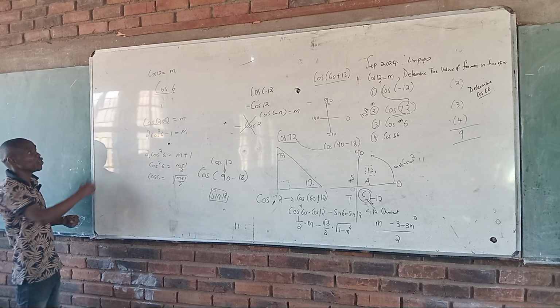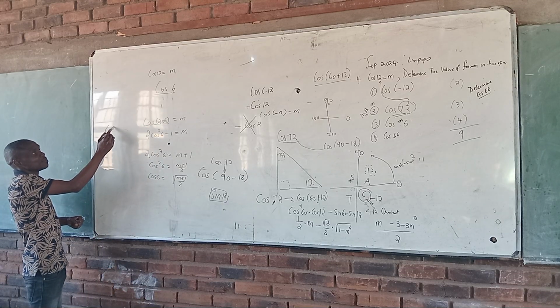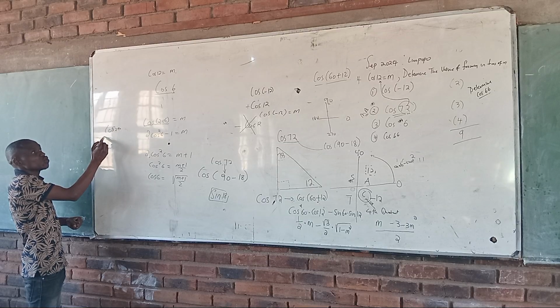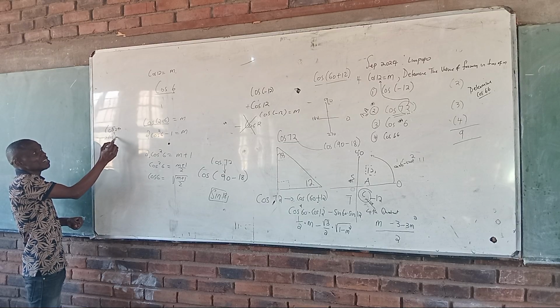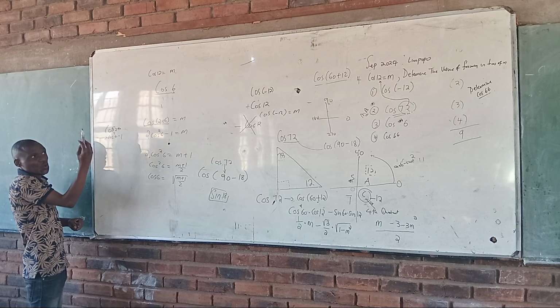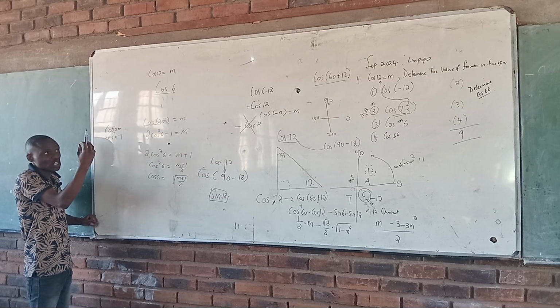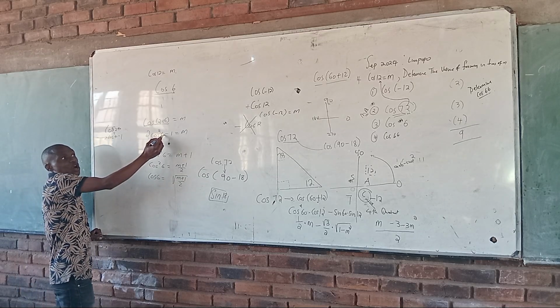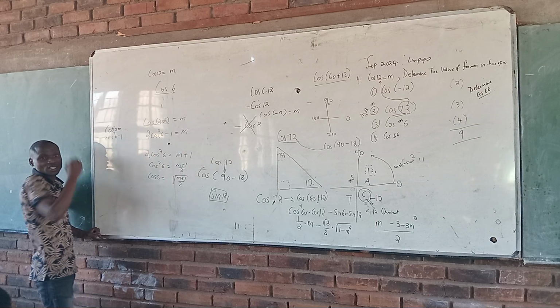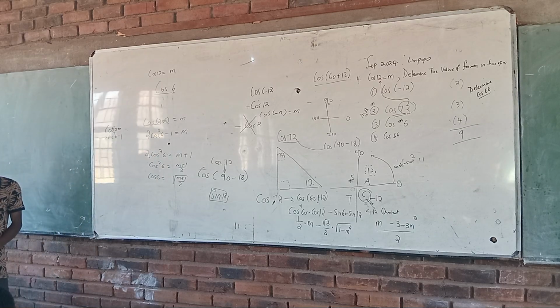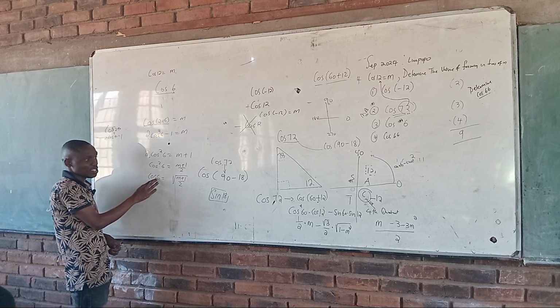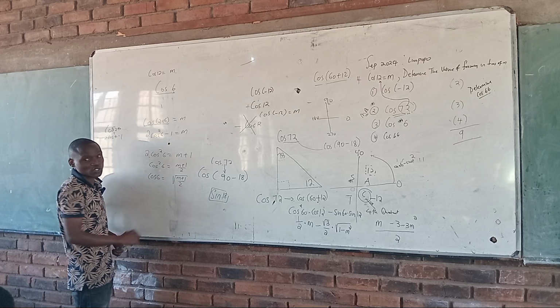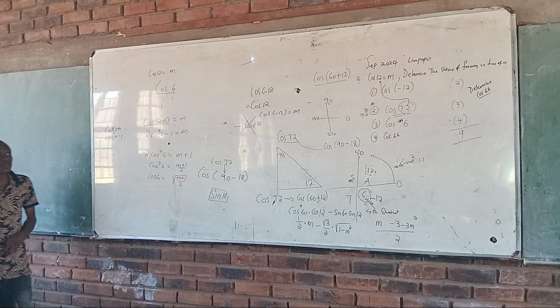Just like we know that cos 2 theta is 2 cos squared theta minus 1. So cos 2 times 6 is 2 cos squared 6 minus 1. Then you try by all means to make cos 6 the subject of the formula, because that's what they are looking for. Cos 6 is the square root of m plus 1 over 2.